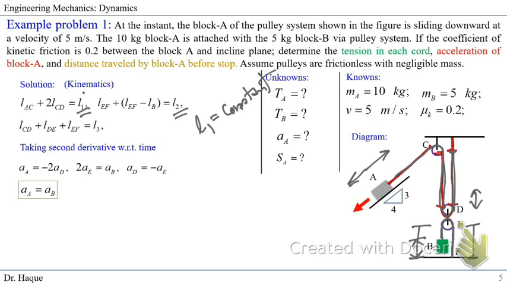Remember we need a datum which is fixed, so we assume this base is a fixed datum, and we assume this length here as a length B. So we take EF, and to get this length we do EF minus LB, and that gives us the total length of this rope here, which is also constant. No matter what, if B goes upward and downward, pulley E will go up and downward to balance it, but the total length L2 will be constant again.